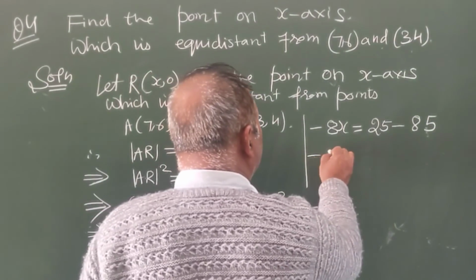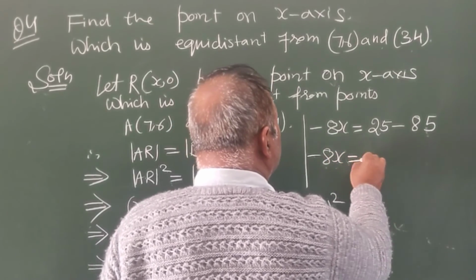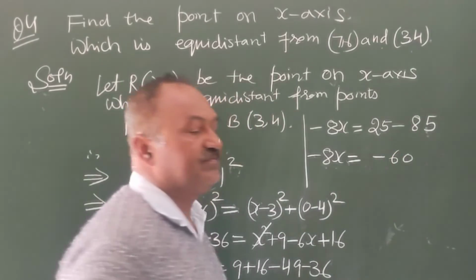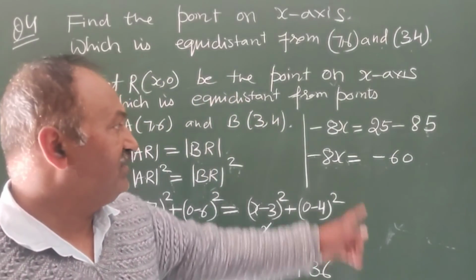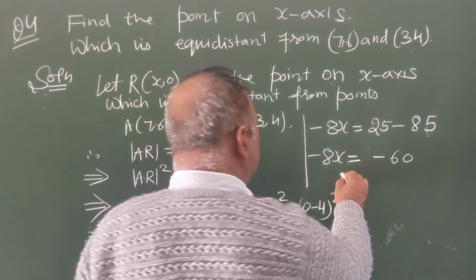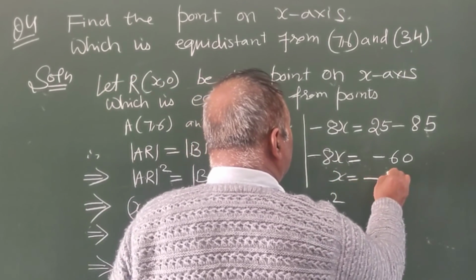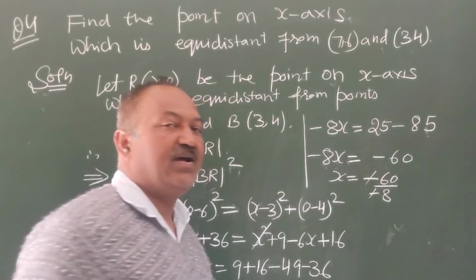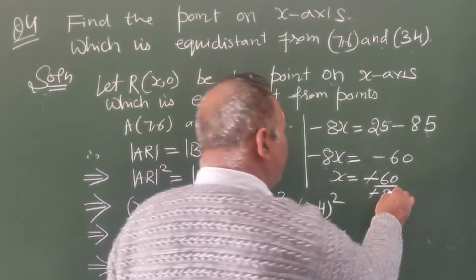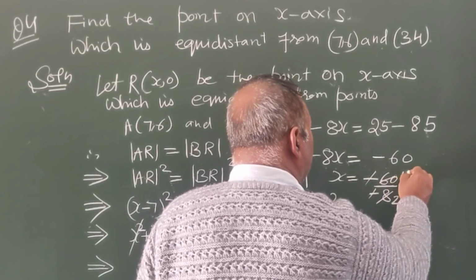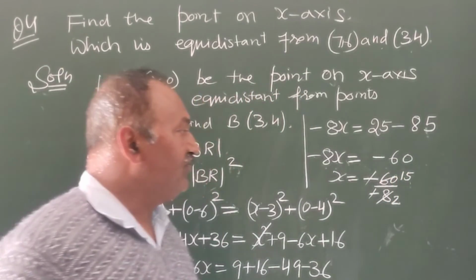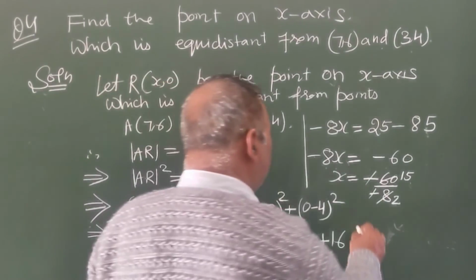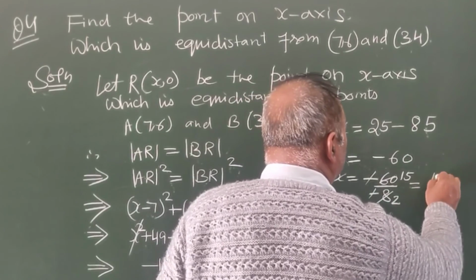Now this becomes minus 8x is equal to minus 60. Hence, dividing by minus 8, we get x is equal to minus 60 upon minus 8, cutting minus by minus, and 4 2s are 8, and 4 15s are 60. Therefore, x is equal to 15 upon 2.